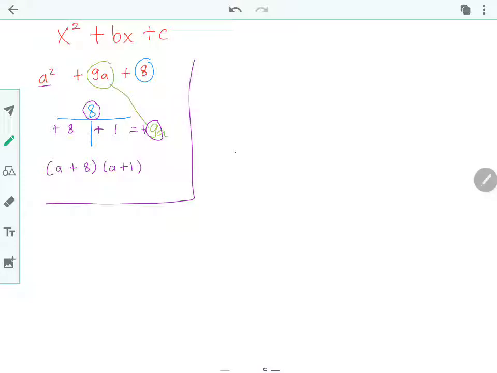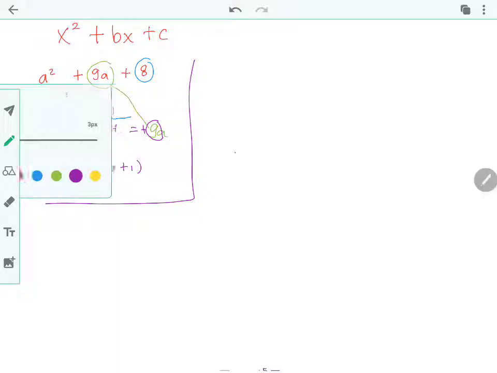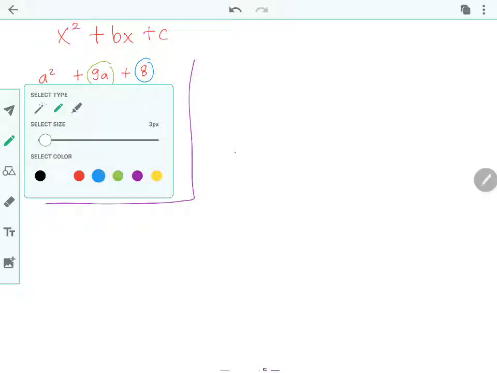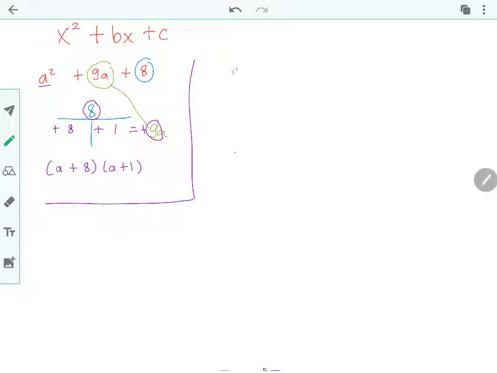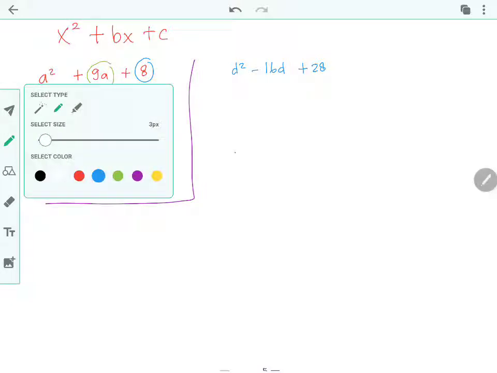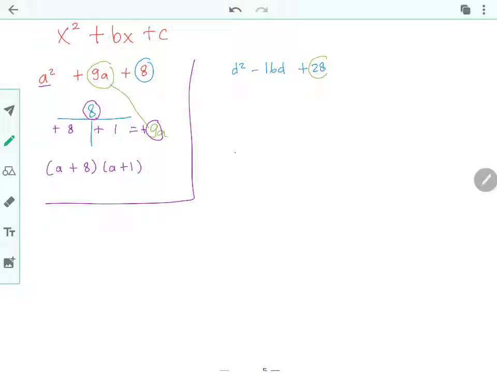Let's do another example. Now let's say I have d squared minus 16d plus 28. Just like before, what we need to do is look at the last number. The last term here is 28.